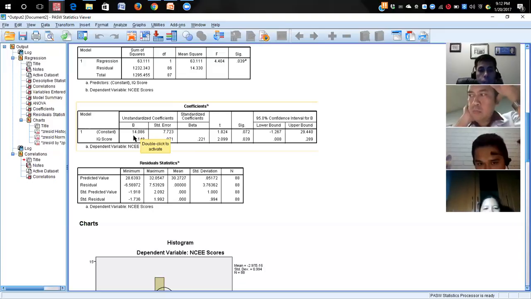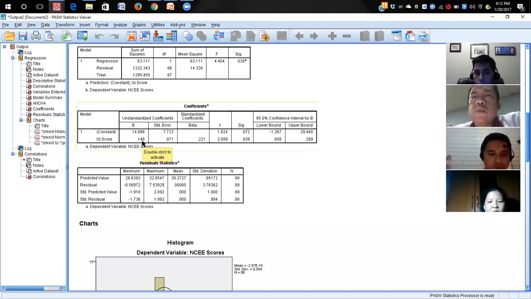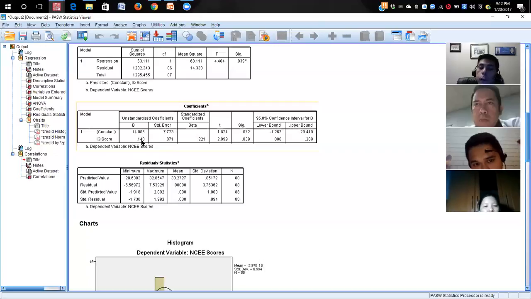So what about the unstandardized coefficient beta for the IQ score? What does this 0.148 mean? What that tells you is that for every 0.15 increase in our IQ score, it will also create a 1 point increase in our NCEE score.